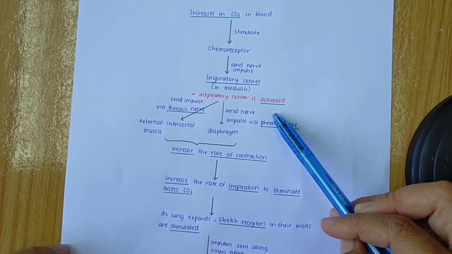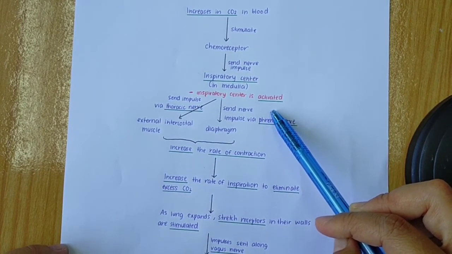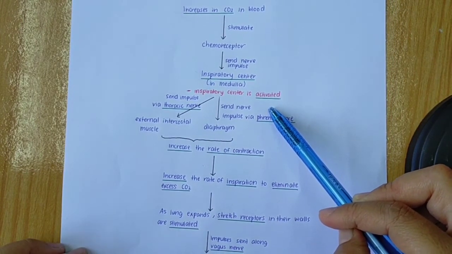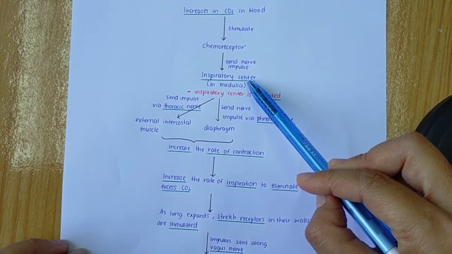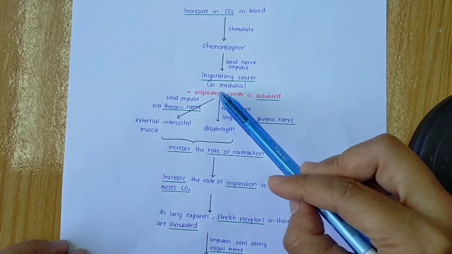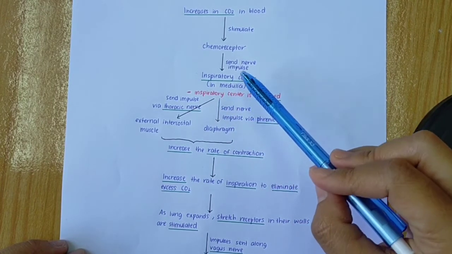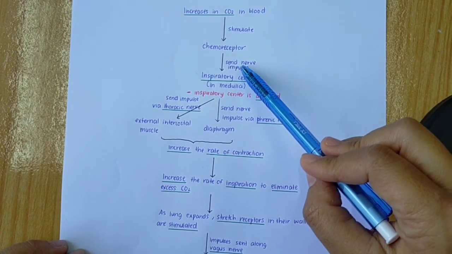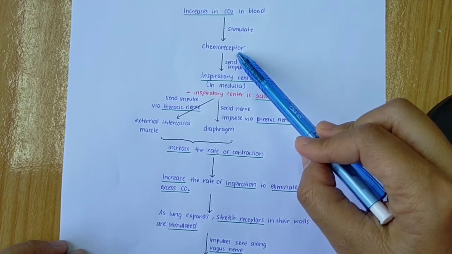For the process of inspiration to take over, maksudnya macam mana proses inspiration berlaku, mestilah dia akan relate dengan inspiratory center. So how is the inspiratory center activated? This inspiratory center must receive the impulse from the chemoreceptor.